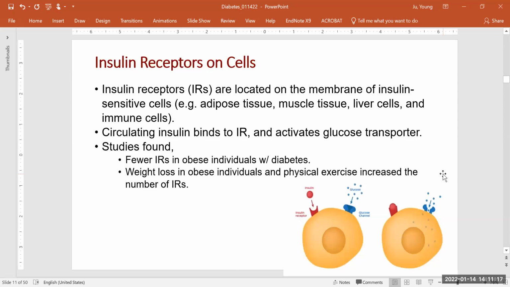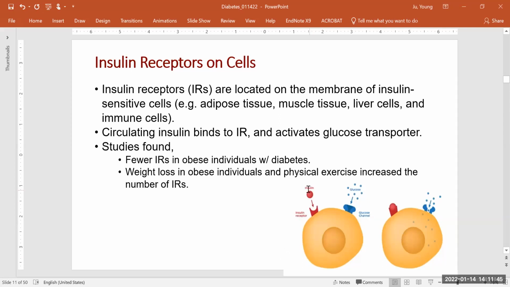I said insulin helps blood glucose to enter the cells. Let me briefly explain how that works. Circulating insulin binds to the insulin receptor. Insulin receptors are located on the surface of insulin sensitive cells, including those in fat tissue or muscle tissue or liver cells and immune cells and so on.